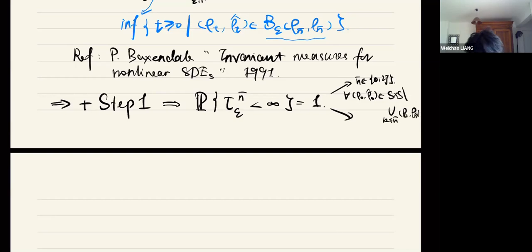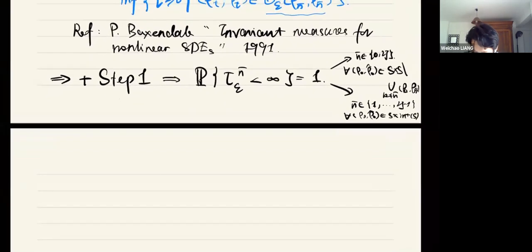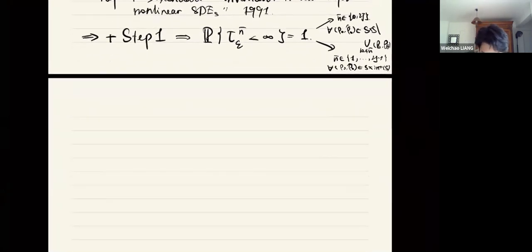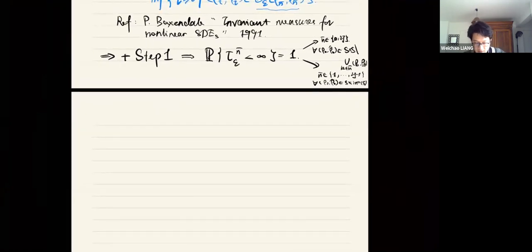And for the more general case, the initial state in S. Okay. This is the third step. From now on, we can show that the solution of the coupled system can always enter in the arbitrary neighborhood of the target state in finite time almost surely.